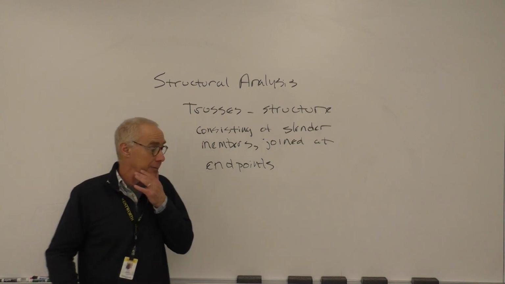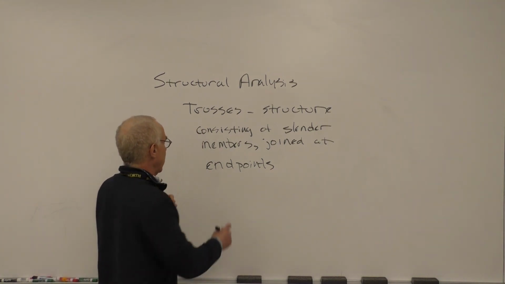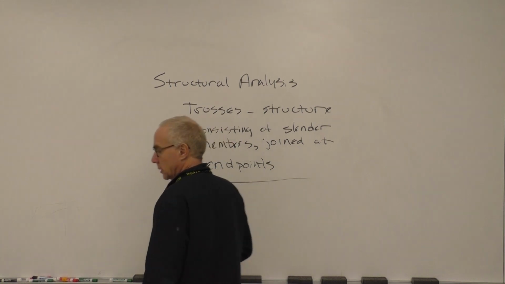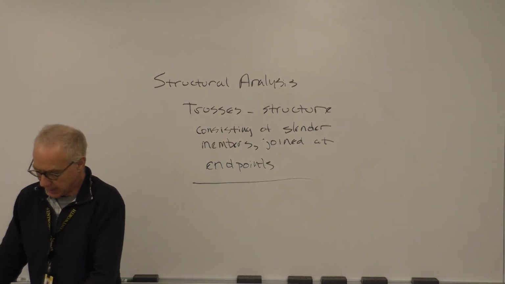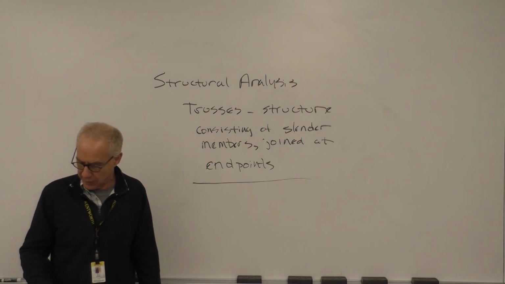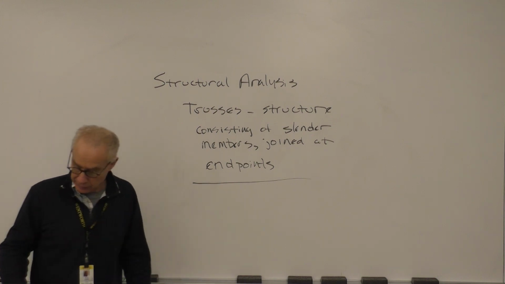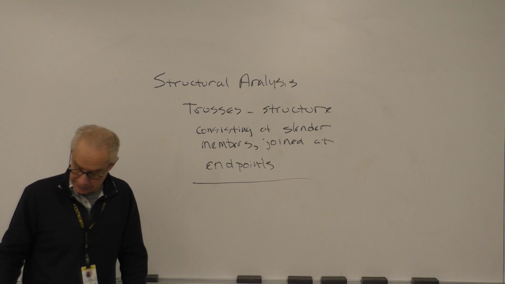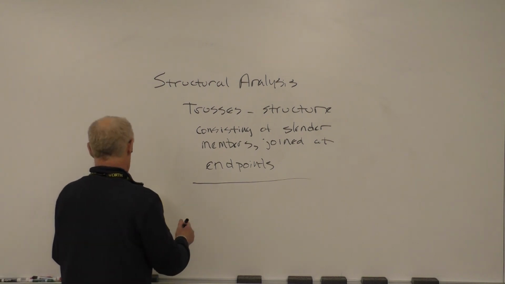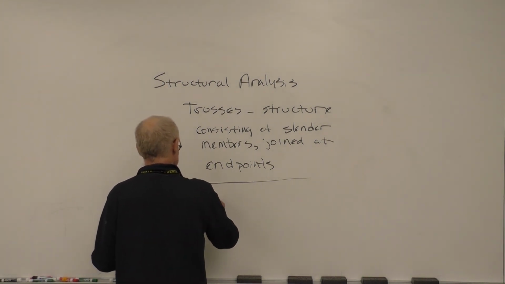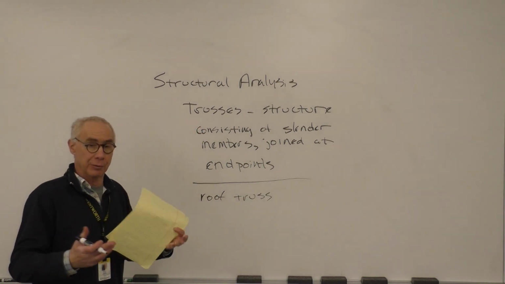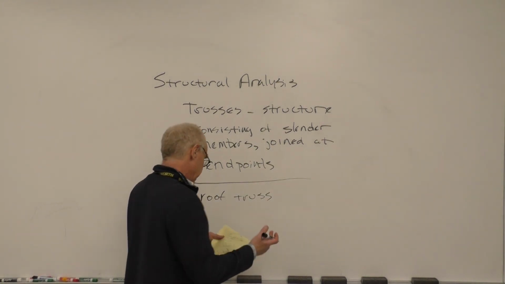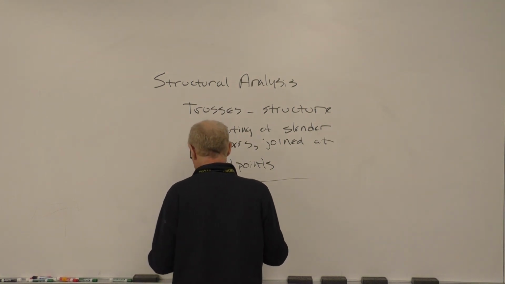Let's look at a picture of what we call a roof truss. I'm going to try to draw this in 3D, if I can. This is actually in the textbook, so if you don't like my drawing, you can go look at the one in the textbook. So this is a roof truss. The roof truss, not surprisingly, holds up a roof. It's a truss that supports a roof.